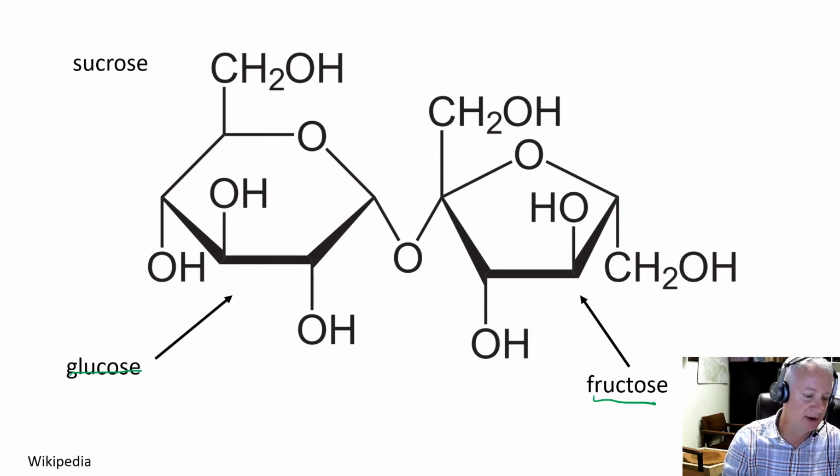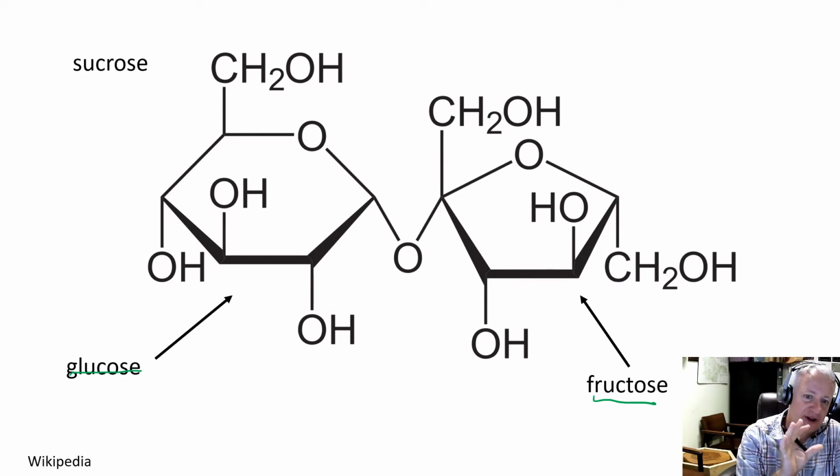Sucrose is the most important oligosaccharide in plants because it is the primary sugar transport molecule. So when sugars are transported in the phloem, they are usually transported in the form of sucrose. The reason that sugars are transported this way is that this form is less reactive.